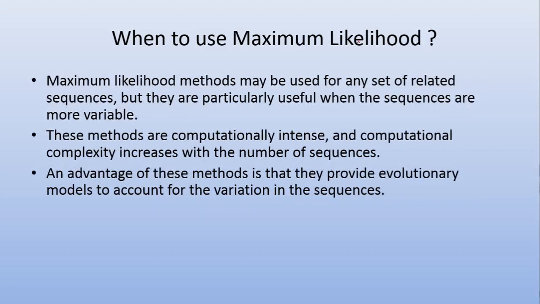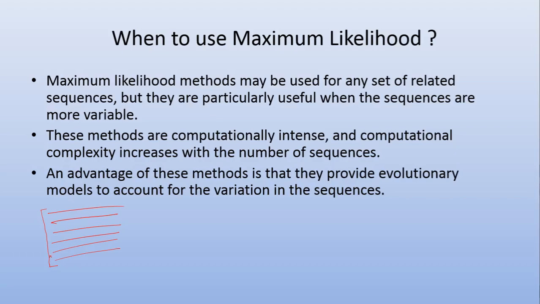Now the last one that is remaining, what we call the maximum likelihood method. This maximum likelihood method may be used for any set of related sequences. Say, for example, you end up with a multiple sequence alignment in which all of these sequences are not quite very conserved, or you can say the variation is very high.